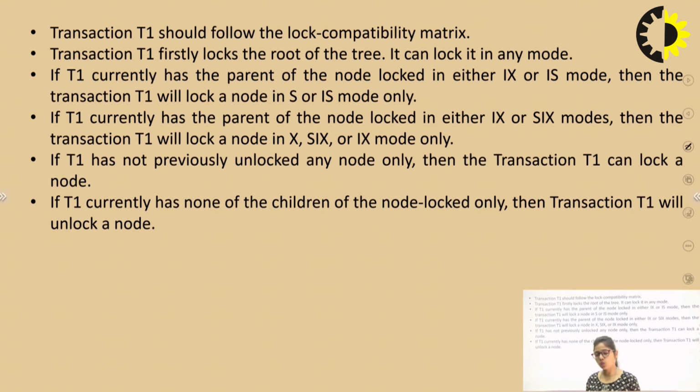T1 can lock a node only if it has not previously unlocked any node. T1 can unlock a node only if it currently has none of the children of the node locked.